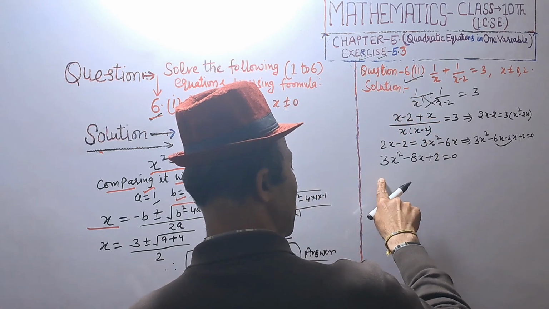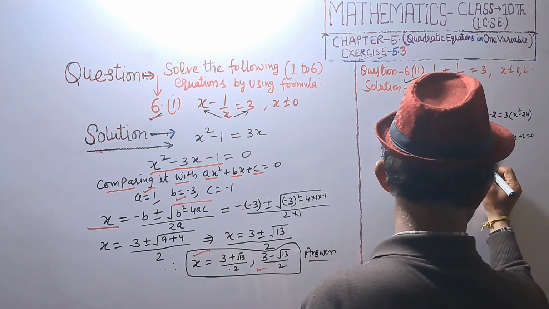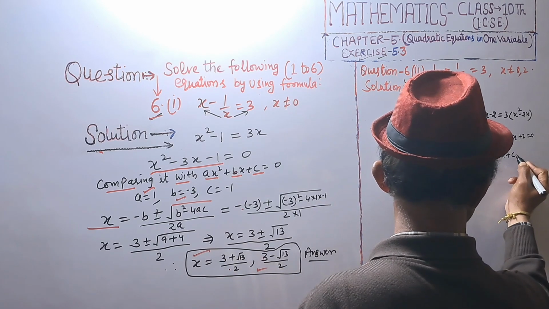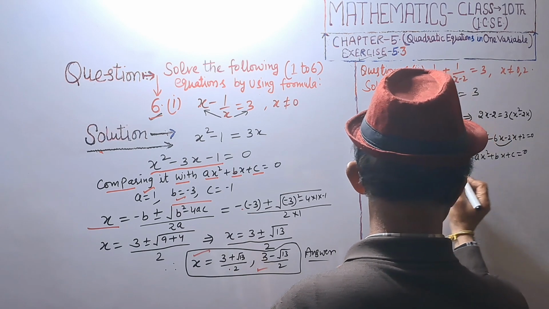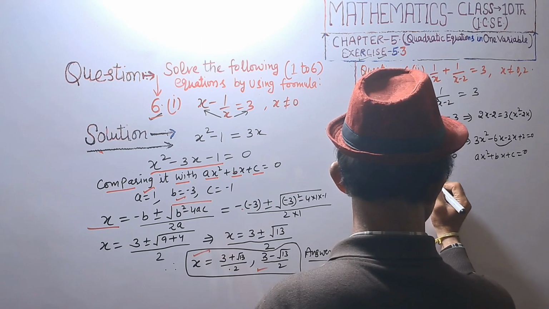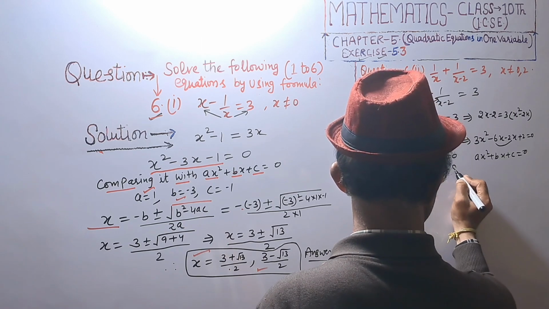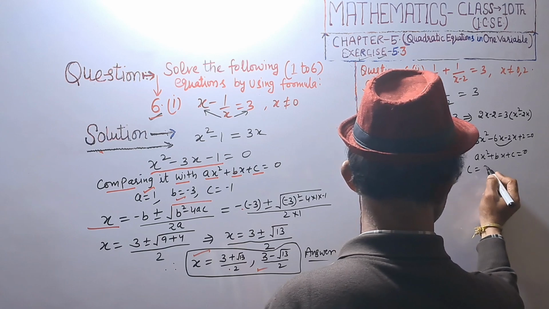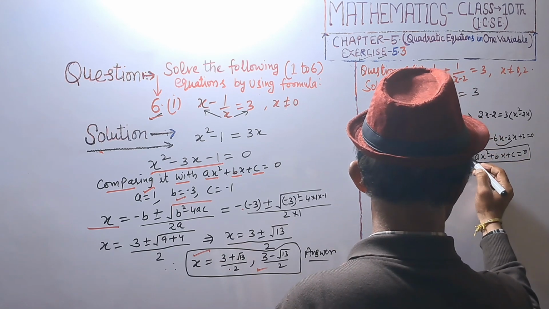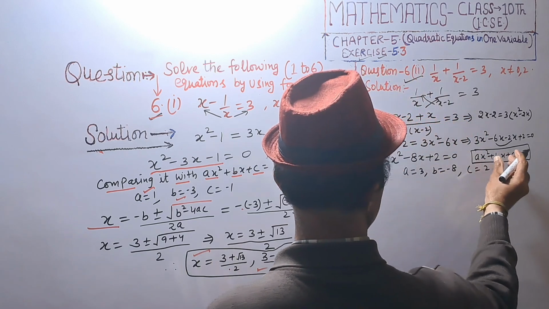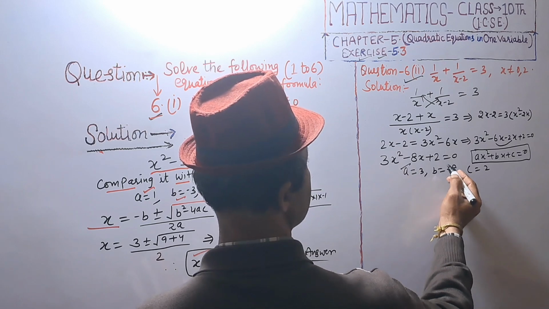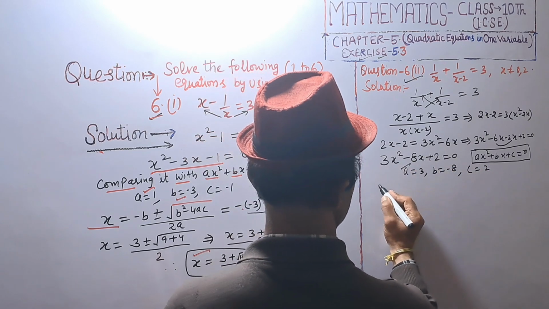And we are comparing this equation with ax square plus bx plus c equal to 0. Then a is equal to 3, b is equal to minus 8 and c is equal to 2. We get the value of a is 3, b is minus 8 and c is equal to 2.